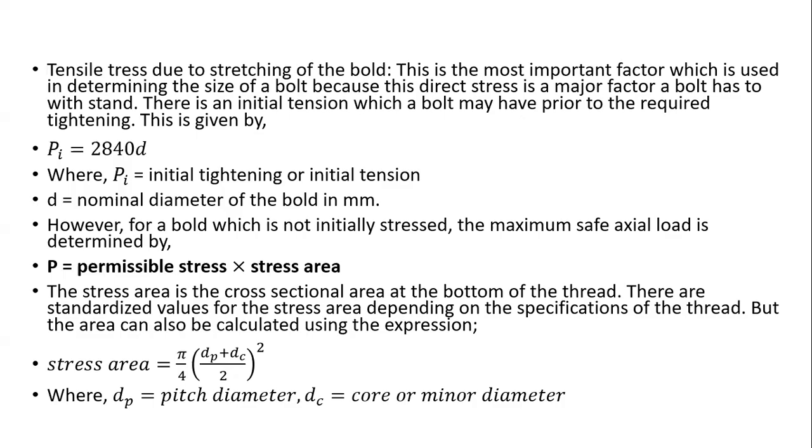Then we proceed. What about the safe axial load given by P? This is the stress times the stress area. And here the stress area is normally concentrated around the roots, because if it has to fail, that's where things will happen.